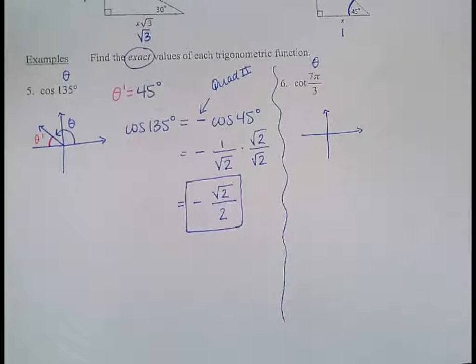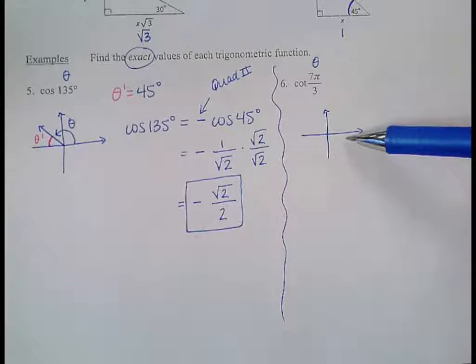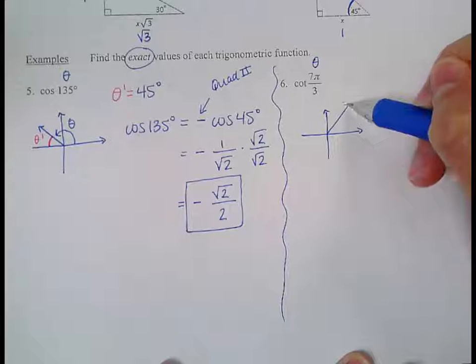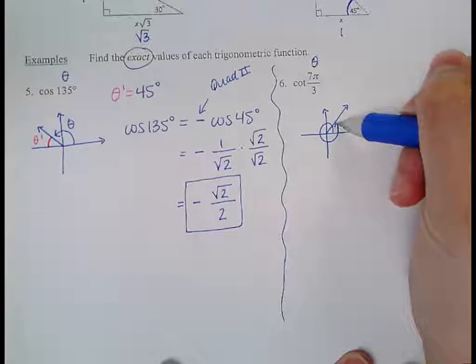And that is also on, well, actually it's not on your unit circle, because going all the way around once is 2 pi, which is 6 pi thirds. So you'd have to go another pi thirds. Yep, so 7 pi thirds would be here, but it's more than 1 full revolution.